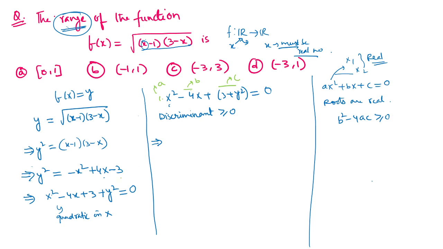Discriminant formula: b square minus 4ac, that is minus 4 square minus 4ac, should be greater than or equal to 0. Now solve this. So 16 minus 12 minus 4y square.